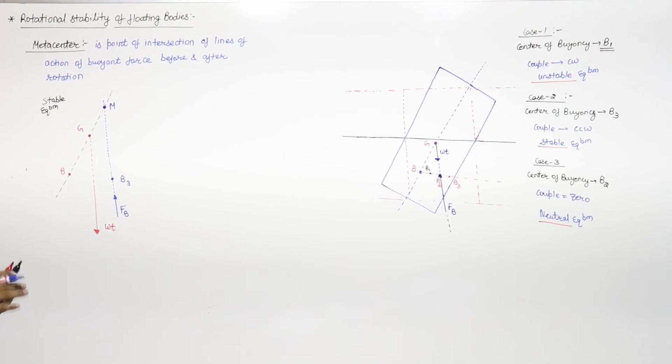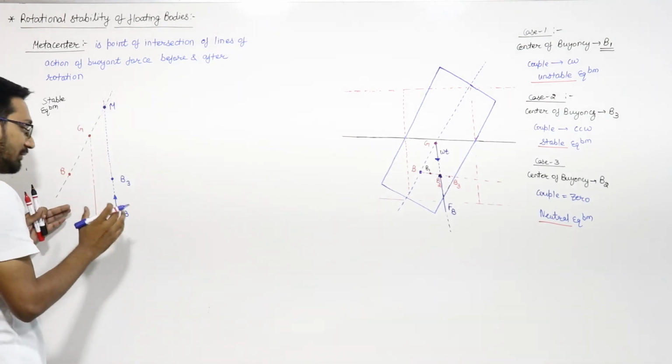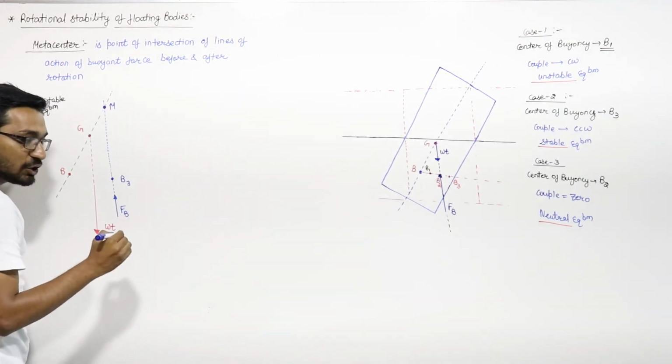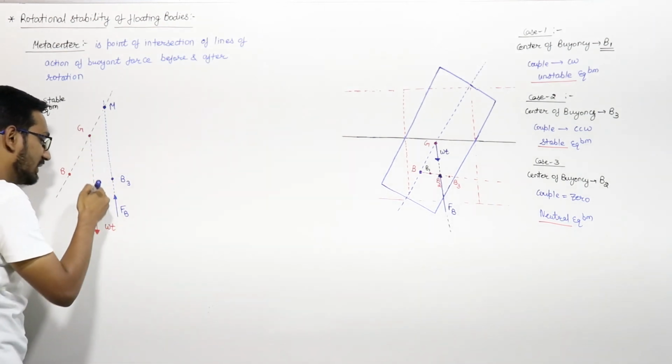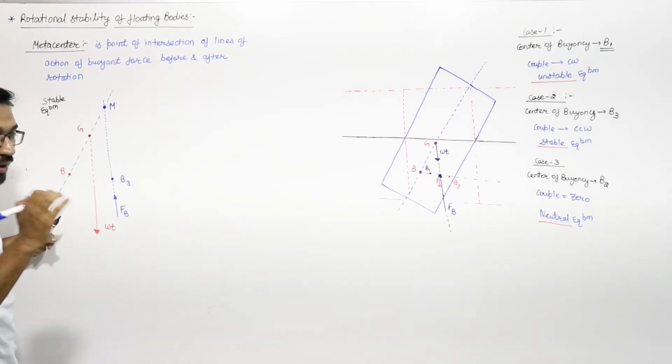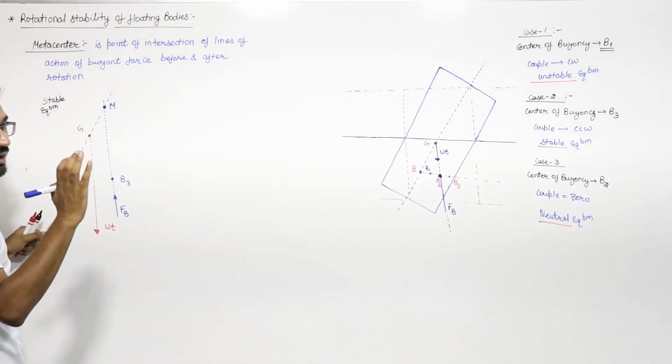And you will appreciate one thing, that if the new center of buoyancy is on the right side of this line, then you will always get a stable equilibrium.